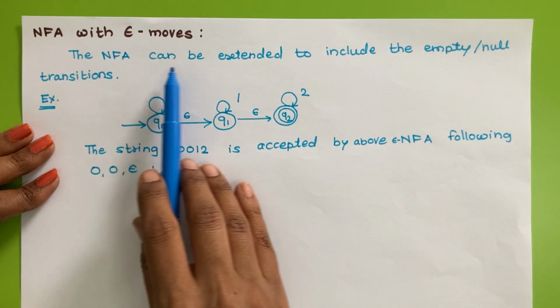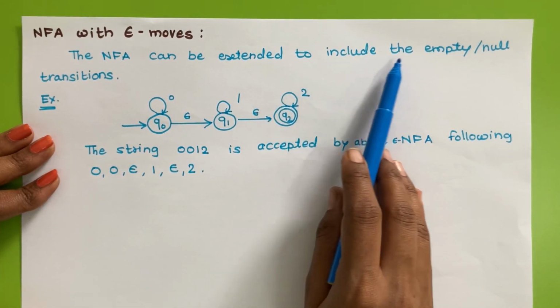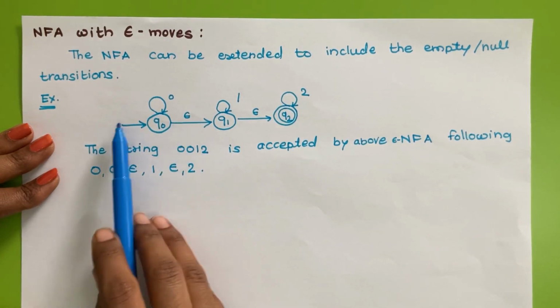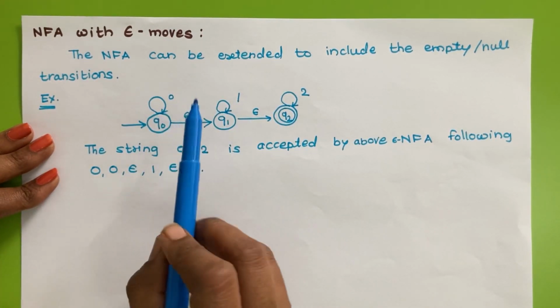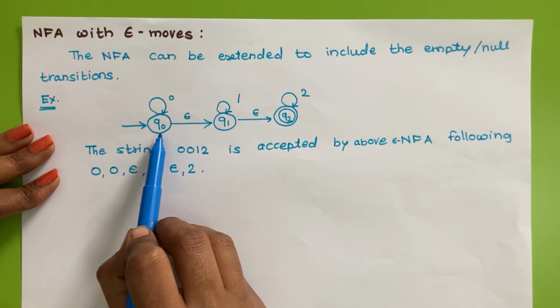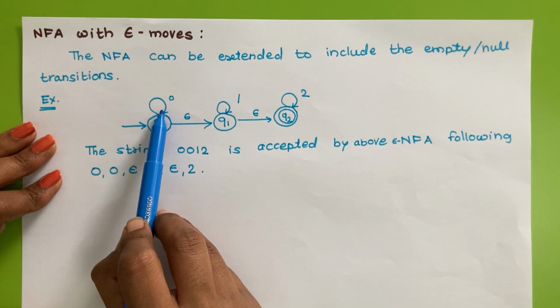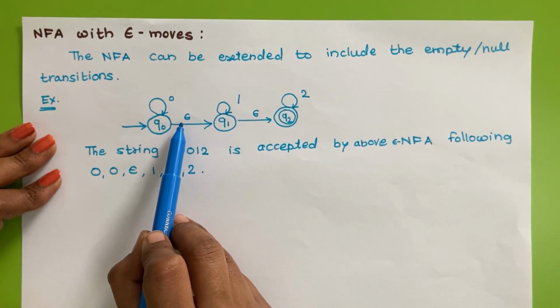The NFA can be extended to include the empty or null transitions like our normal transitions. Here we'll take one example. Here we have the input alphabet 0, 1, 2, as well as empty.